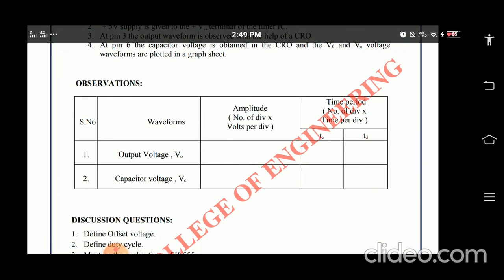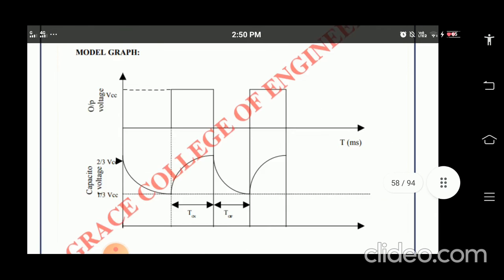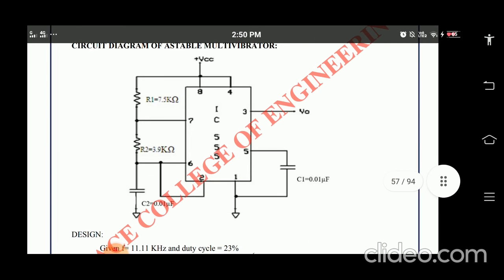You have to take the measurement of your amplitude, that is, number of divisions into volts per division, and the time period from your graph for your output voltage and also for your capacitor voltage, that is, the voltage across the capacitor connected in your circuit diagram.